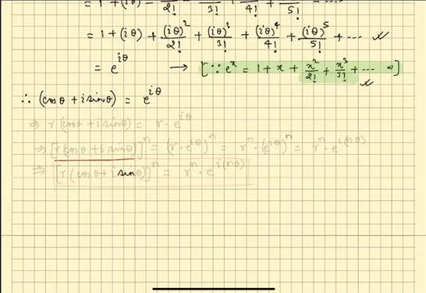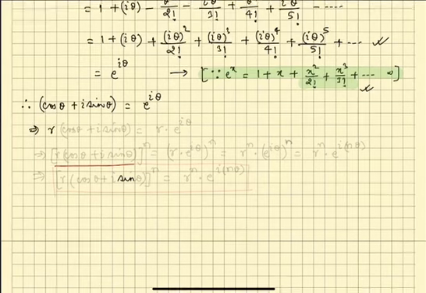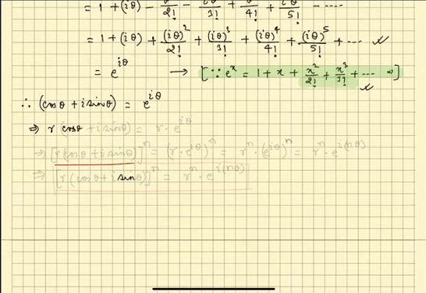And if I multiply it by r, then r times (cos theta plus i sin theta) will be r e to the power i theta.